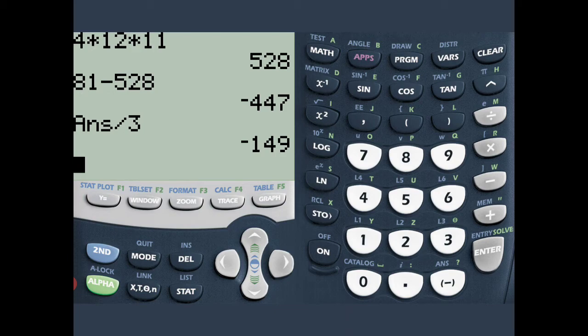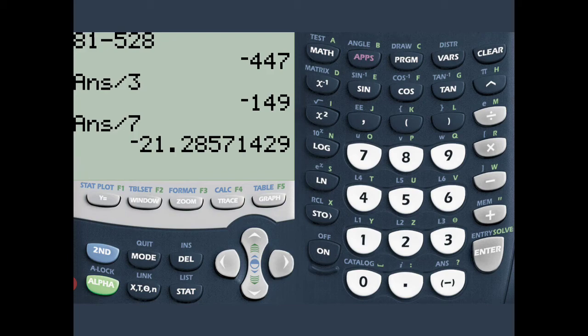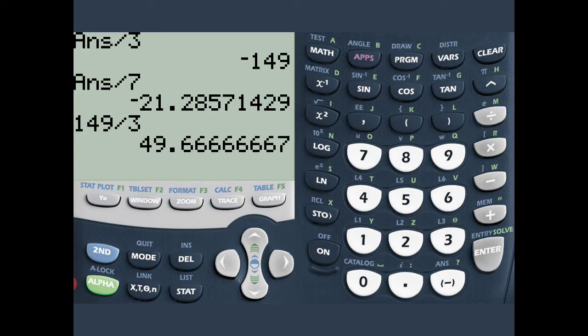Is this then divisible by any other things? 149, is it divisible by 7? No, it's not. I'm not sure, is it divisible by 3? It's not divisible by 3. I don't think 149 is divisible by anything else, actually.